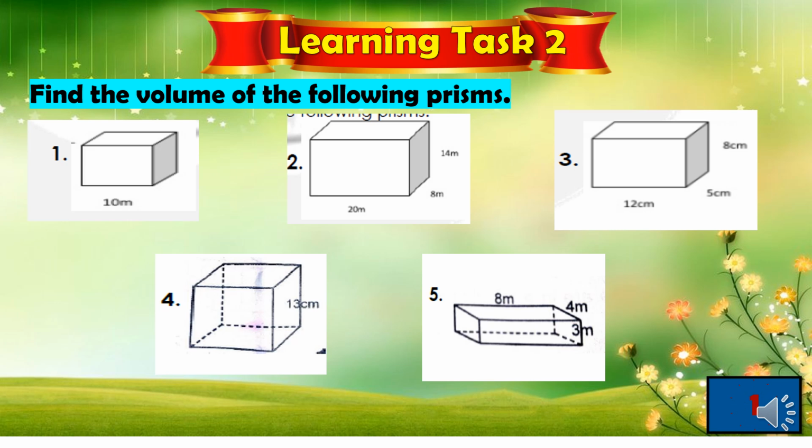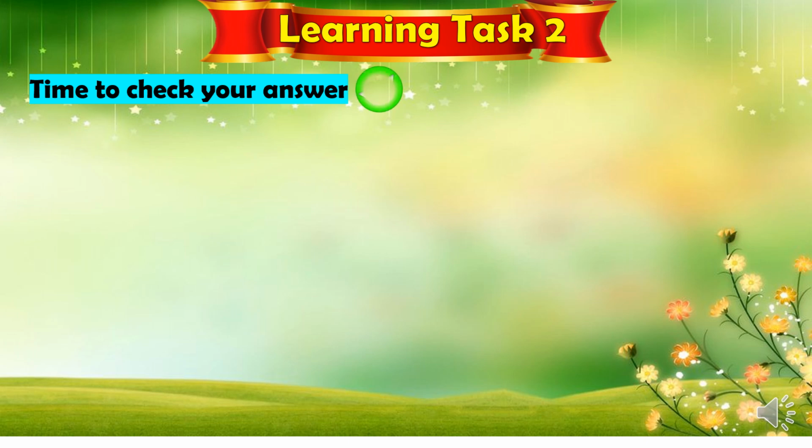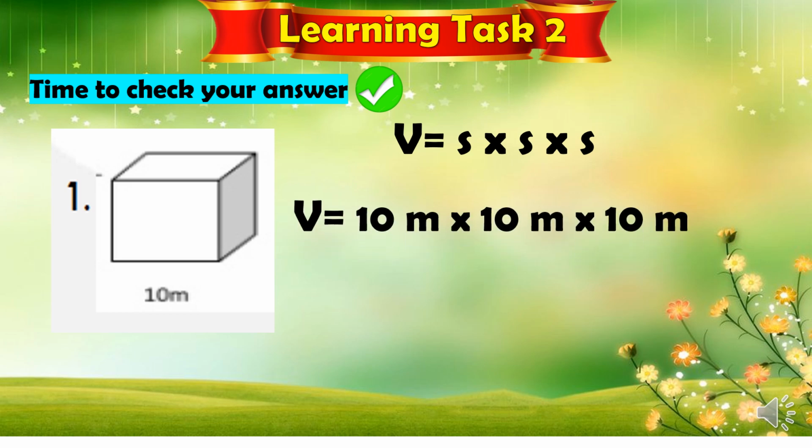Okay, so let us now answer learning task number 2. It's time to check your answer. Let us take first the first figure. The first figure is a cube, so we will be using the formula V equals S times S times S. When we substitute, the side of the cube is 10 meters.